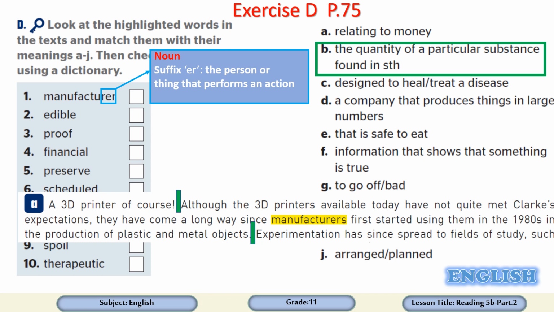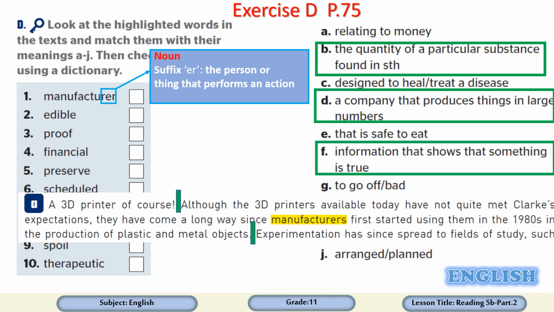Any other definition? Yes, very good. D also refers to a noun. There is still another one. Yes, excellent. It's F. Let's look now for clues in the definitions that can help us decide the meaning of this word.